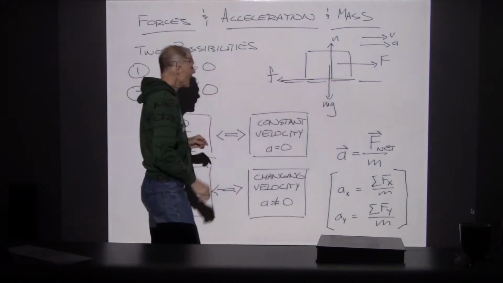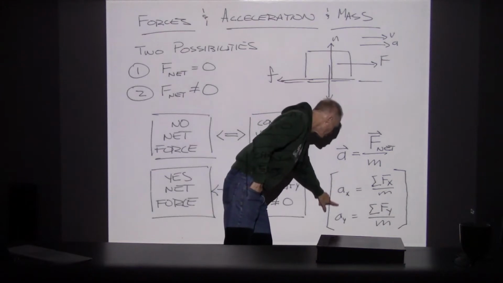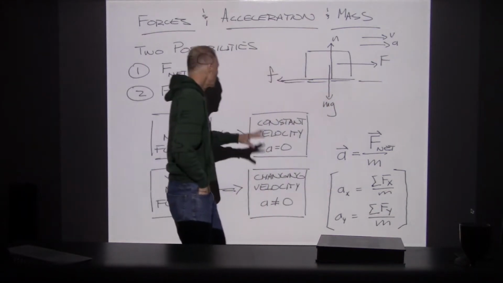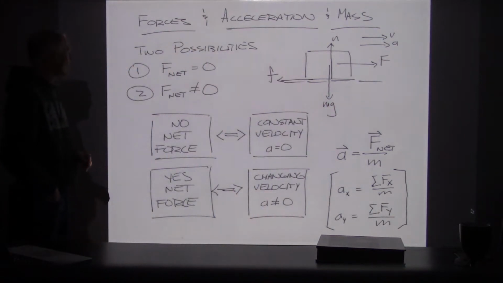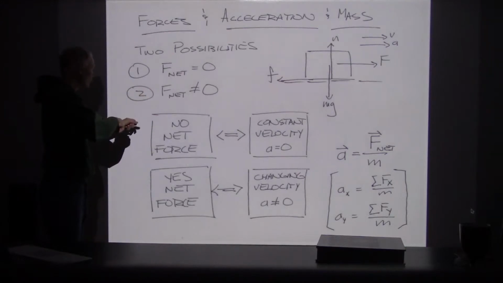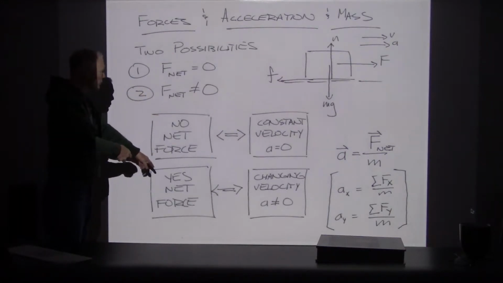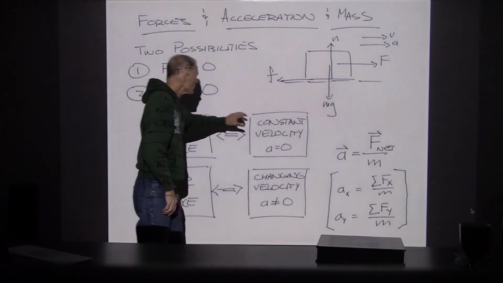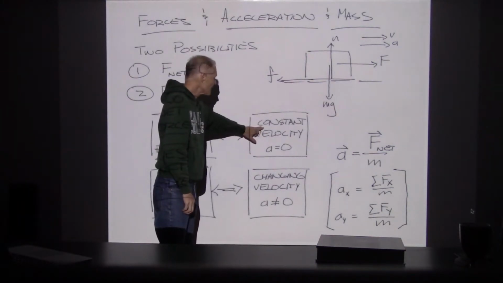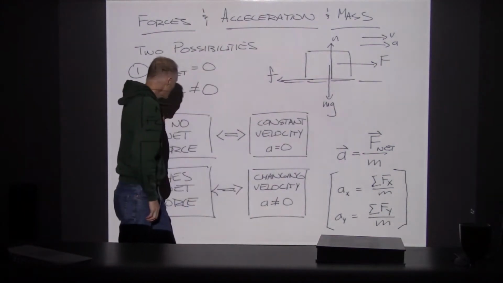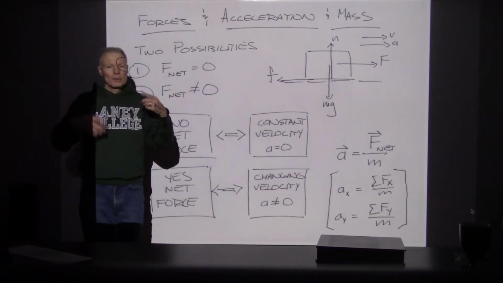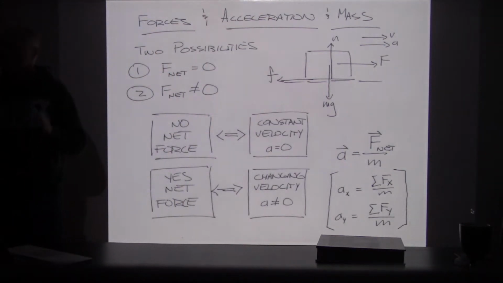Now this is a nice example to come back to too, because it's got 2 dimensions, and so we can go through and analyze how these forces are related in terms of their magnitude. So it's either no net force, or yes, we do have a net force. If there's no net force, there is no acceleration, the velocity will remain constant. Those 3 things all go together.